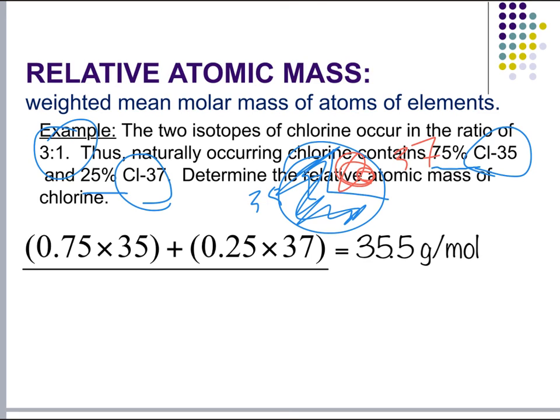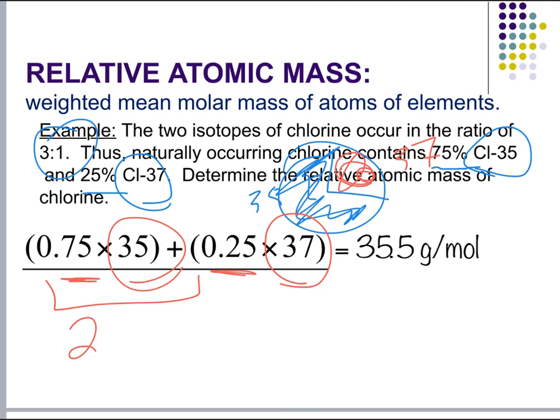So I want to find the percentages of each mass and make them part of the whole. What you're going to do is take your percentage, 75%, and multiply that by the 35 molar mass. You're going to take your percentage, 25, and multiply that by the 37 molar mass. So for the first part, you get 26.25.